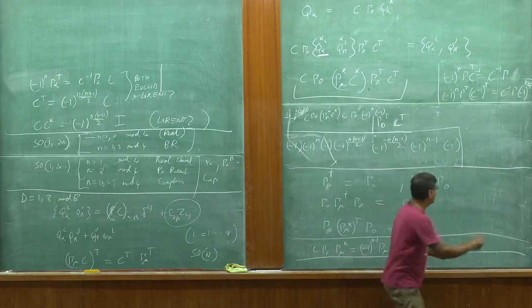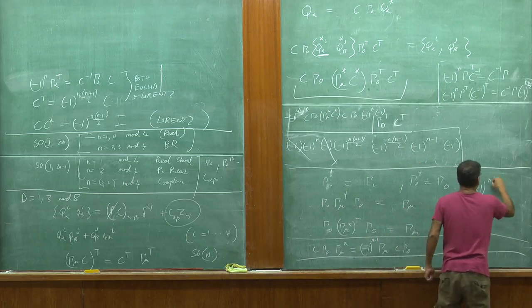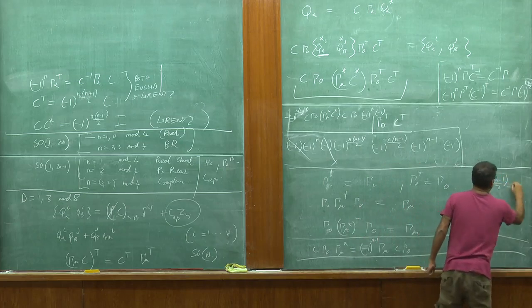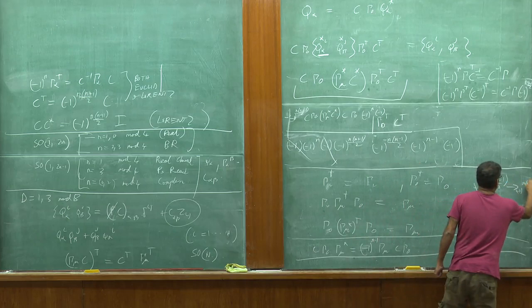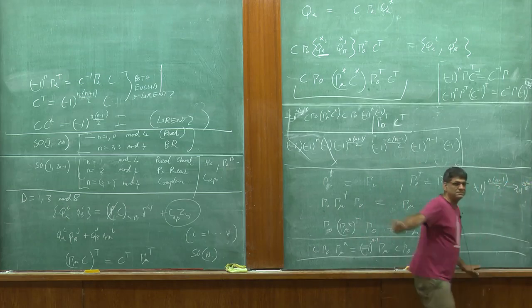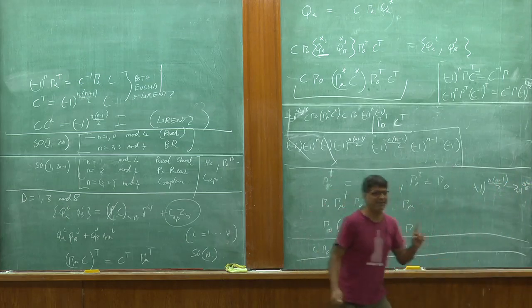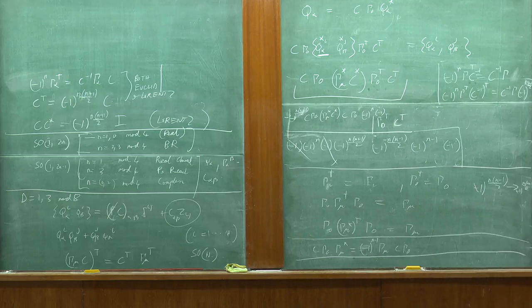Wherever we did it, the minus 1 to the n into n minus 1 by 2 goes to minus 1 to the power n into n plus 1 by 2. Okay, that cures it. Thank you, sorry about this. But it works.